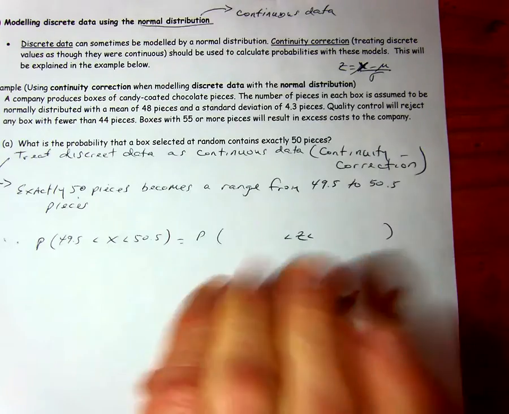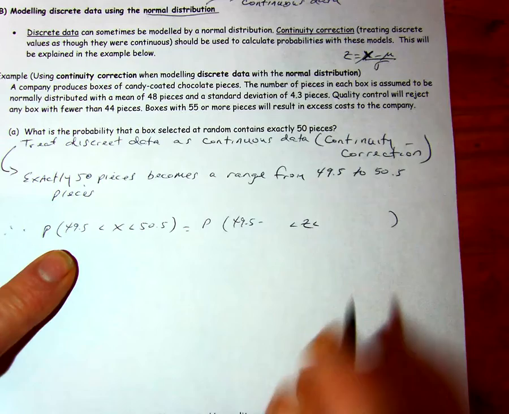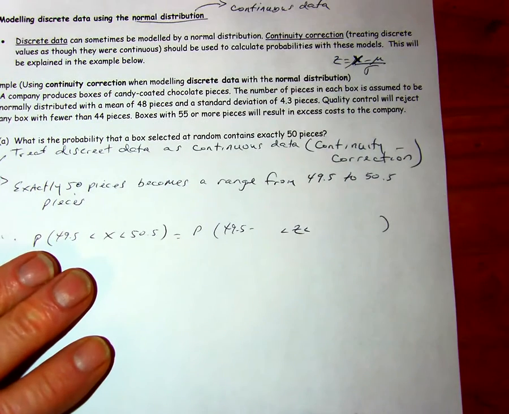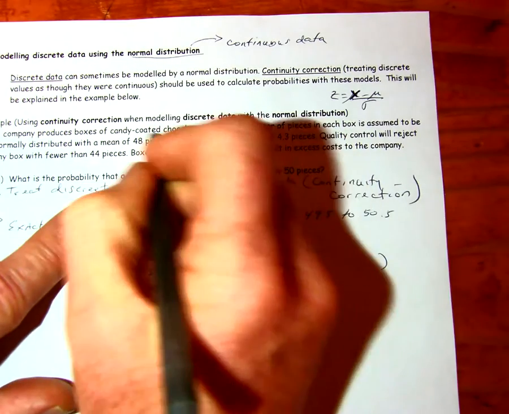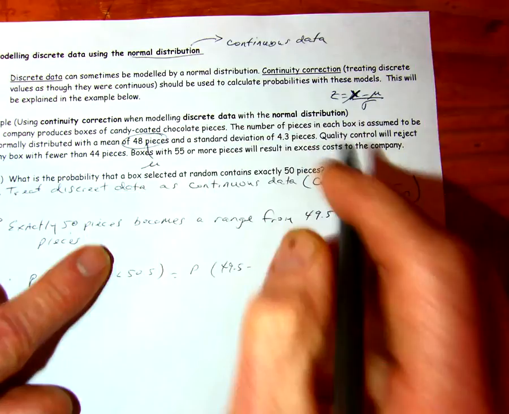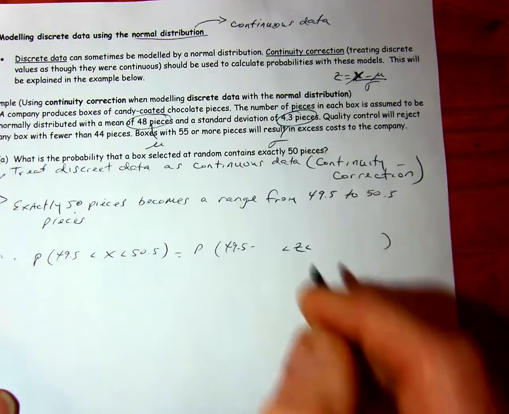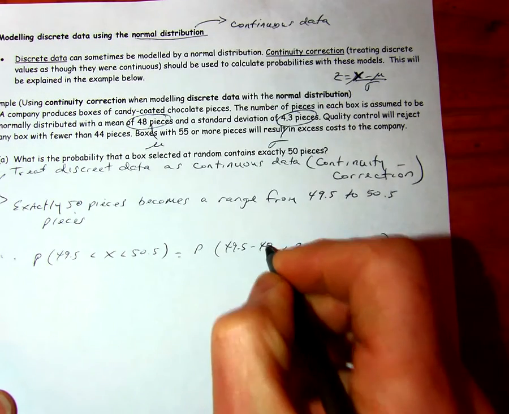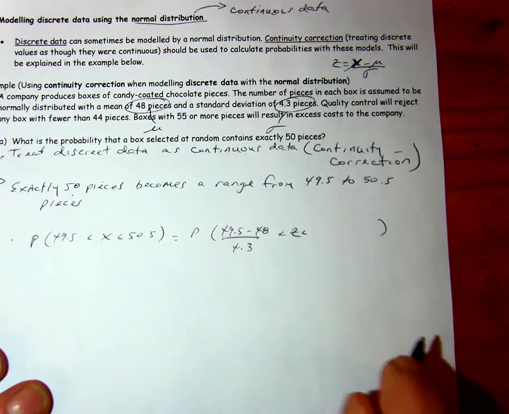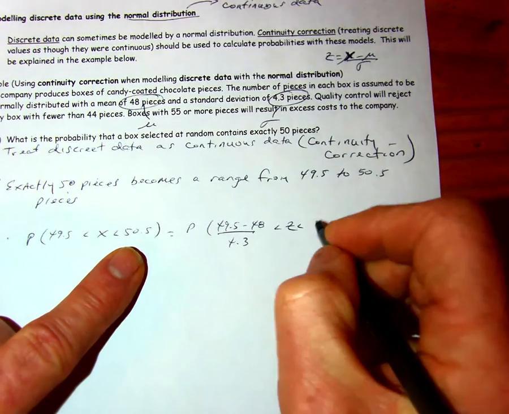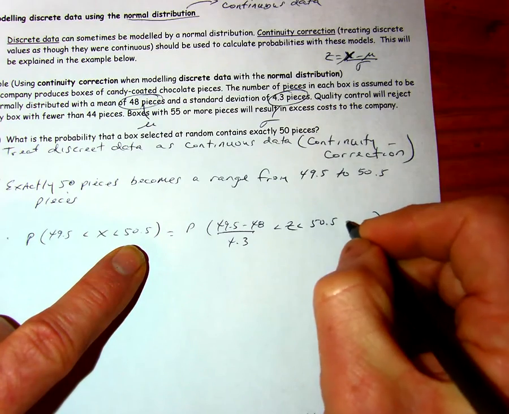So the x value is 49.5, minus the mean, which is right there, over the standard deviation, so minus 48 over 4.3. On the other side, you do the exact same thing, but replace the 49.5 with 50.5.